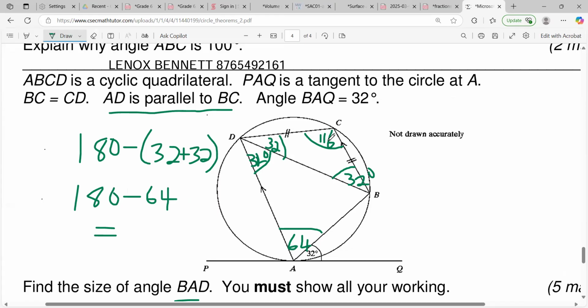It should be 180 minus the 116, and you'll still get it. So 64 is the answer. I think Chevy got that. Good job.